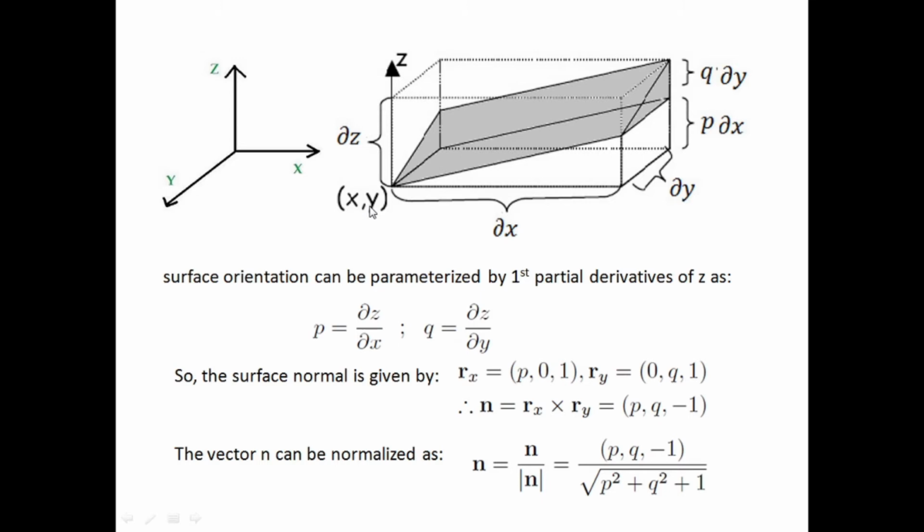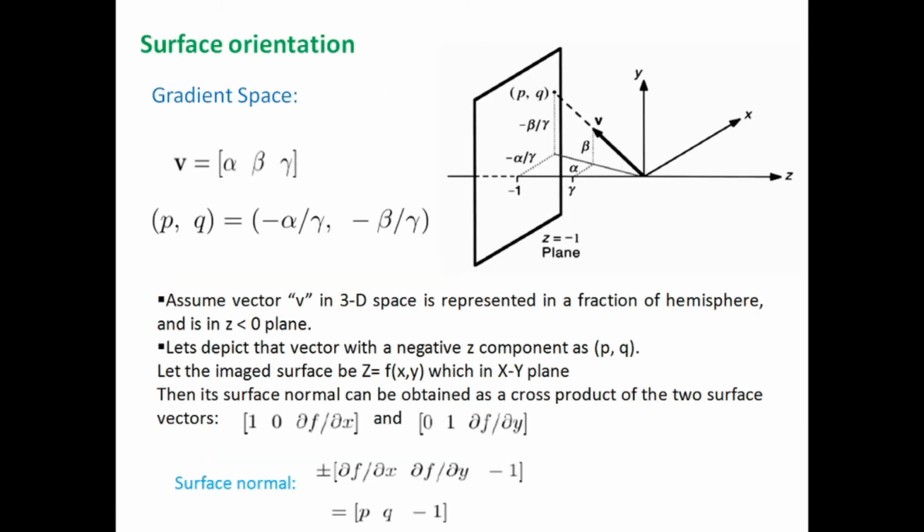The main thing here is surface orientation. So I will be orienting this surface now. Let me give some tilt to this surface. The surface orientation can be parameterized by the partial derivatives of your z. This partial derivative concept is nothing but your gradient space coming into the picture.